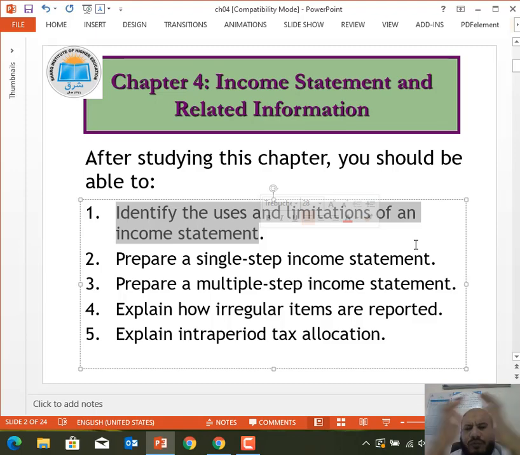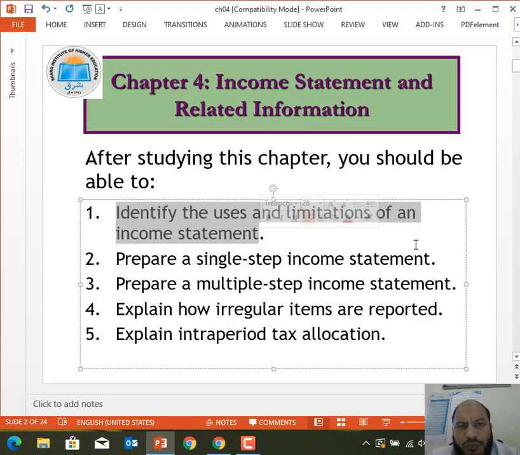Dear students, we have already done this in the first semester. Also in our previous videos, we have discussed the definition of the income statement, the uses of the income statement, and the accounts which are involved while we are preparing the income statement.